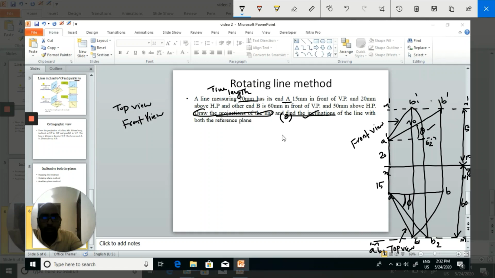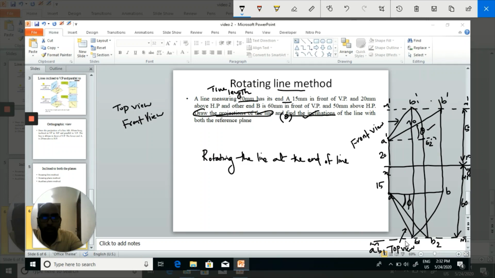If you see this method, the rotating line method, we are actually rotating the line at the end of the line. First we have drawn this A dash B dash line. Then we draw the vertical. Now we are rotating it.